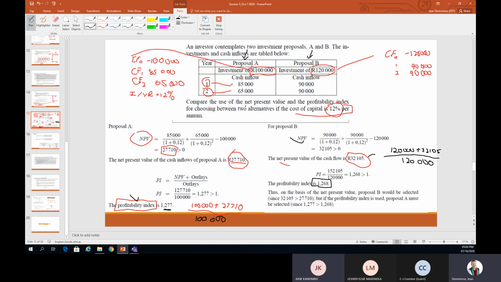If they're asking for net present value, it will be very easy to work that out even with your calculator. I just want to try something on my calculator.